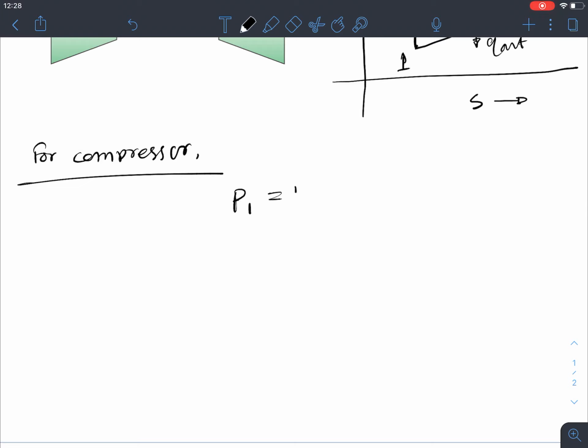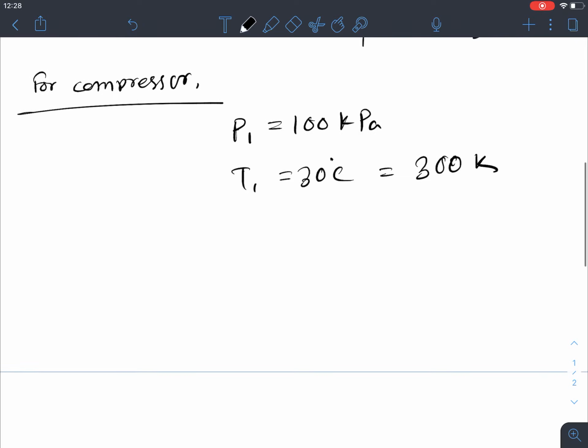For the compressor, the pressure is given: P1 equals 100 kilopascal, and T1 equals 30 degrees Celsius. Converted to Kelvin, that is 300 Kelvin. The pressure ratio Rp was given, which is 10. By the definition of pressure ratio, Rp equals P2 divided by P1, the pressure after the compression over the pressure before the compression, which equals 10.